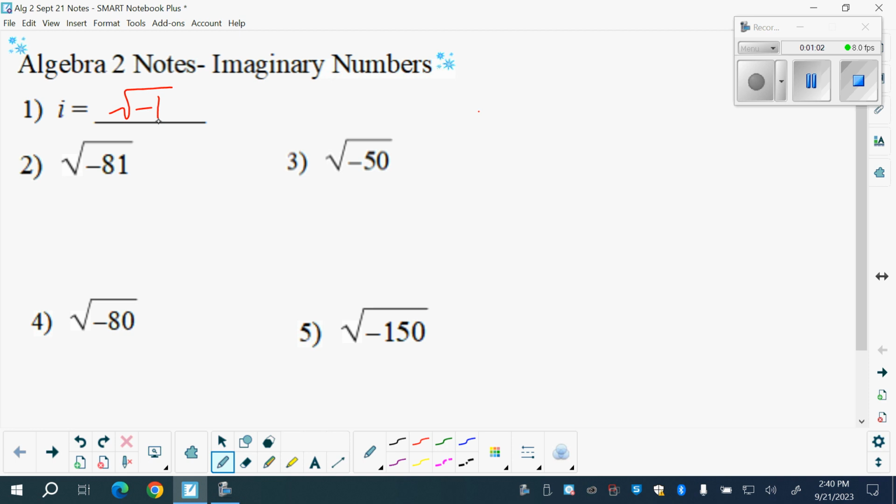Up until this point, what have you been told about the square root of a negative number? So you got an answer, and you have the square root of a negative. What would you say that the answer is? You'd say no real solution.